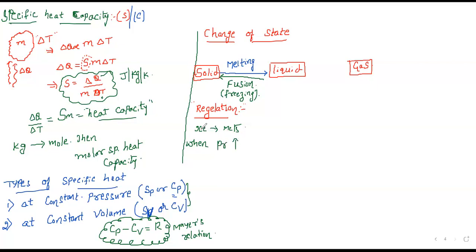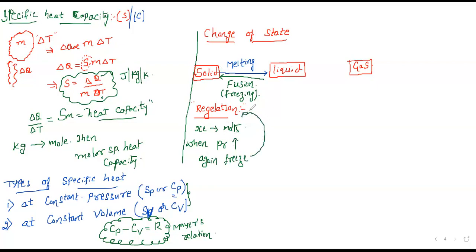If you start melting the ice to the liquid state and start increasing the pressure, it will start freezing again. This phenomenon is what we call regelation.